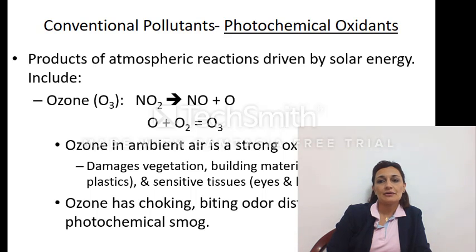Ozone damages our health because it causes mutation indirectly through UV, as UV is not being blocked by O3. It damages vegetation and building material, and it can irritate our tissue, especially the eyes and the lungs.